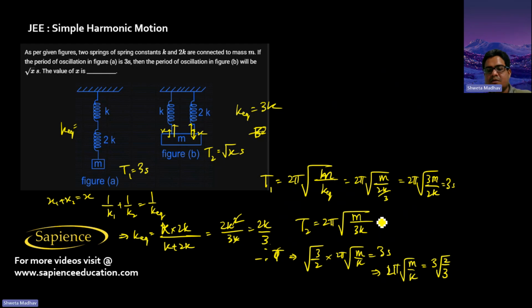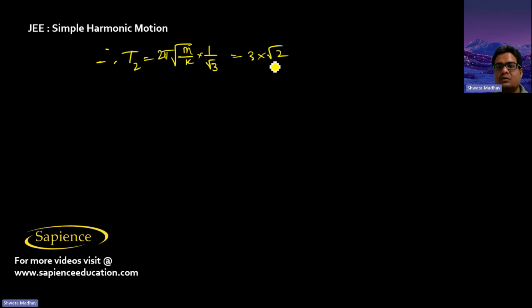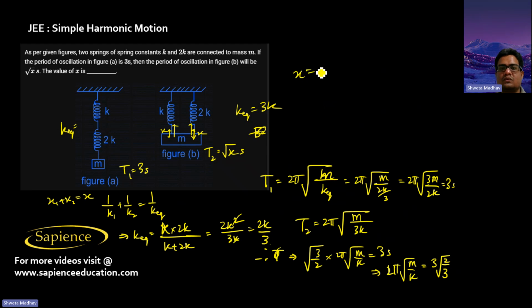Therefore T2 is equal to 2 pi root over m by k into 1 by root 3, so this is 3 into root 2 by root 3 into 1 by root 3. So 3 and 3 will get cancelled, so this is root 2 seconds. And it is told that it is root x seconds, so x will be equal to 2. So 2 is the answer.